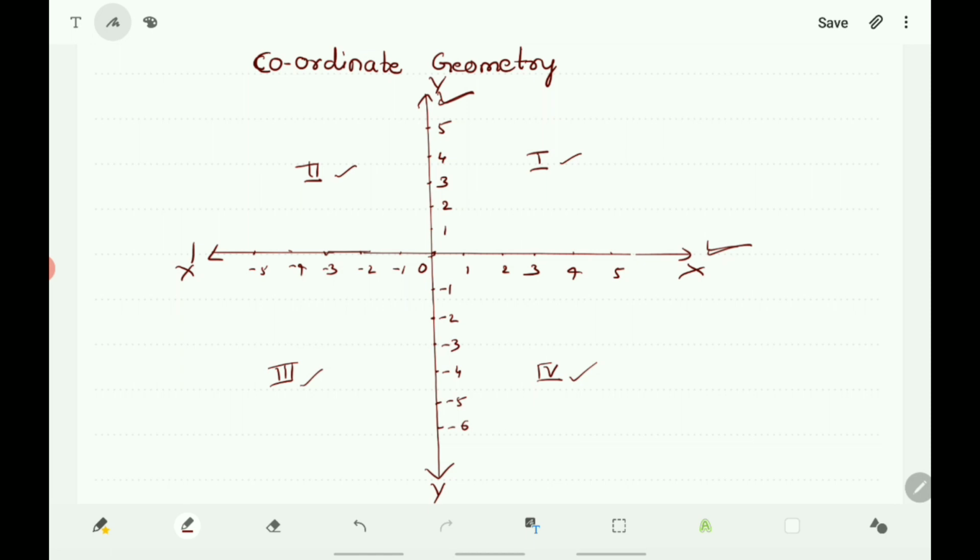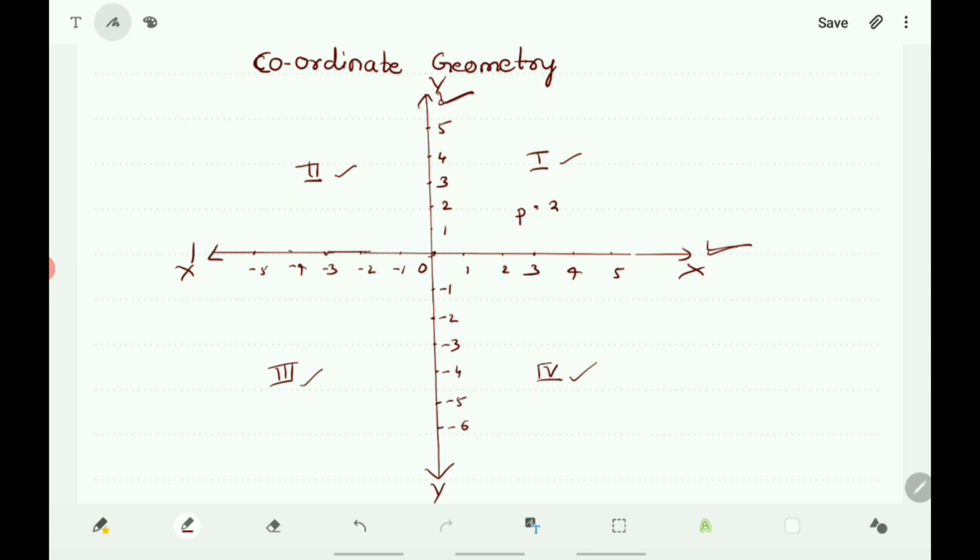And the distance of a point from a y-axis, consider here there is a point. This is a point P. And the distance of this point from the y-axis, here there is a y-axis, and this distance, it is 0, 1, 2, 3.